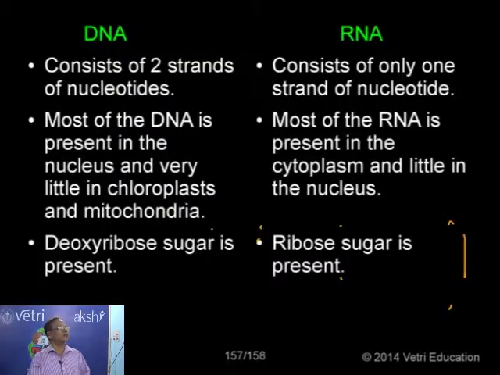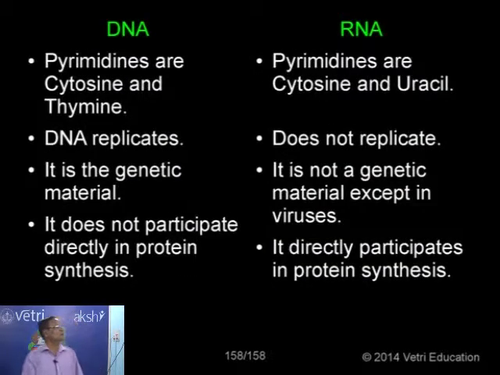Regarding the sugar, DNA contains deoxyribose sugar, and RNA contains ribose sugar. Now the bases: DNA contains adenine, guanine, cytosine, thymine, and RNA contains cytosine and uracil as the pyrimidines, and the purines are adenine and guanine, the same in both.